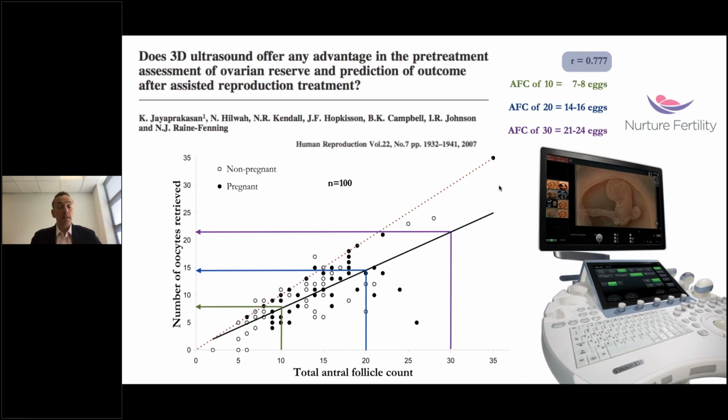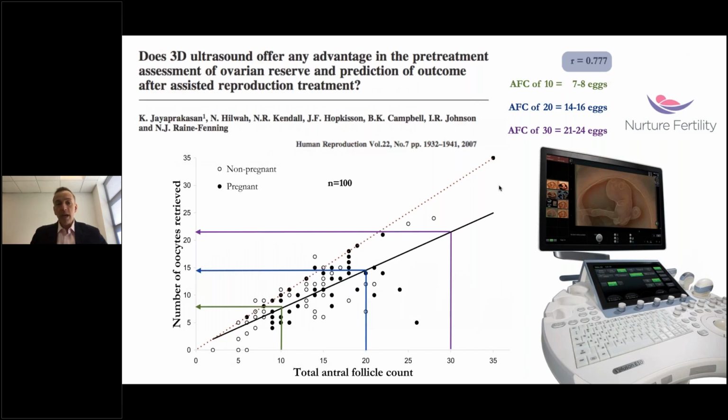Do we want 75%? And for me, I can only do that in my head. I'm a very simple person. I can only do that with scanning and follicles. I can use AMH to fine tune it and to make sure that I'm not wildly wrong with my follicle counts. But I find this very, very reassuring. We call it our PIN number, our personal egg number. And I think patients understand this as well.